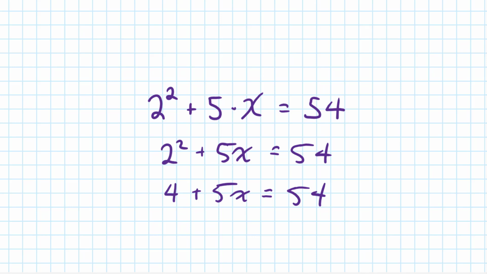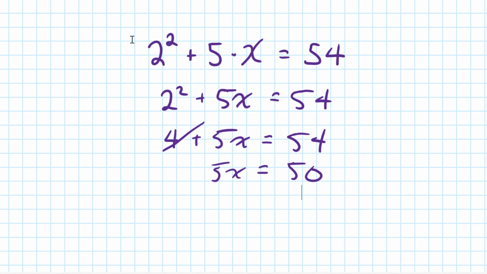And now we need to get rid of this 4. So if it's positive on the left, we need to remove it with a subtraction. So if I subtract 4 from each side, the 4 would go away, and it would be 5x equals 54 minus 4, or 50. At that point, we need to get rid of the 5. So I would divide both sides by 5. And then x would be equal to 50 divided by 5, or 10.